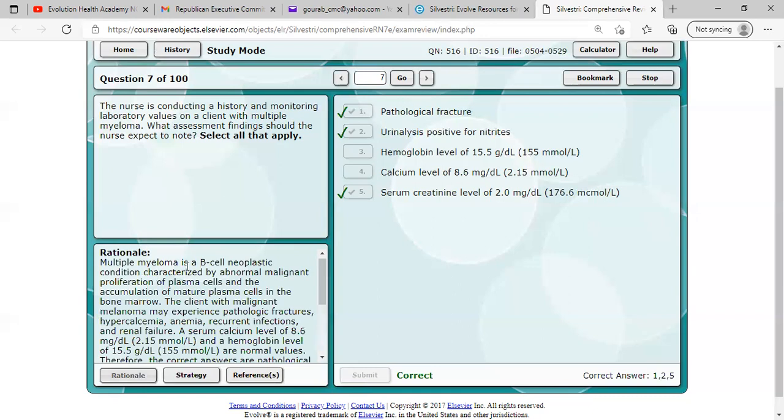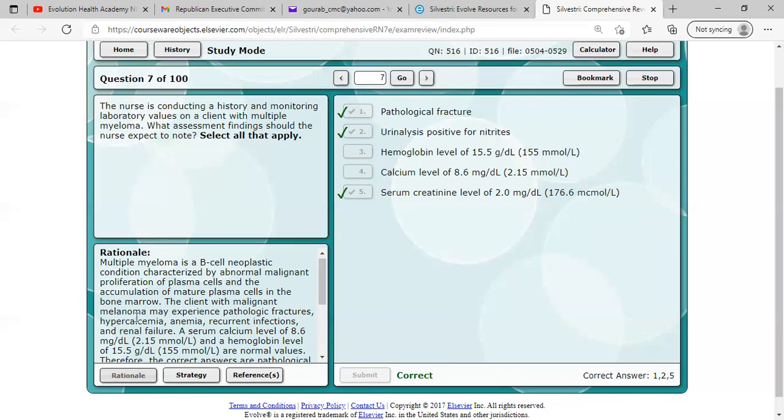Multiple myeloma is a B-cell neoplastic condition characterized by abnormal malignant proliferation of plasma cells. And a plasma cell is a lymphocyte. They can produce antibody. Mature plasma cells also accumulate in the bone marrow.